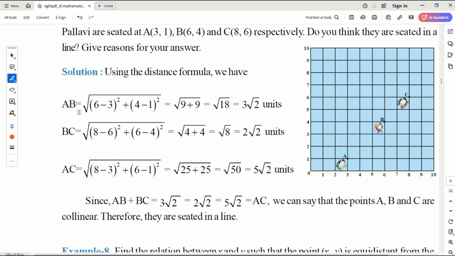So you will find the distance between AB, BC, and AC. AB is 3 square root of 2. BC is 2 square root of 2. AC is 5 square root of 2. So if I sum up AB plus BC, I'm getting AC, which means they are sitting in a line.